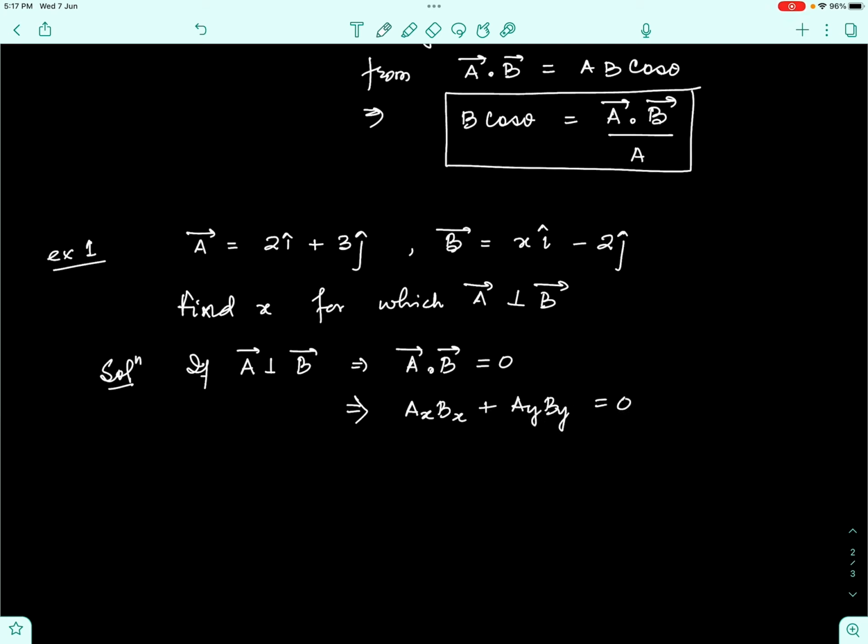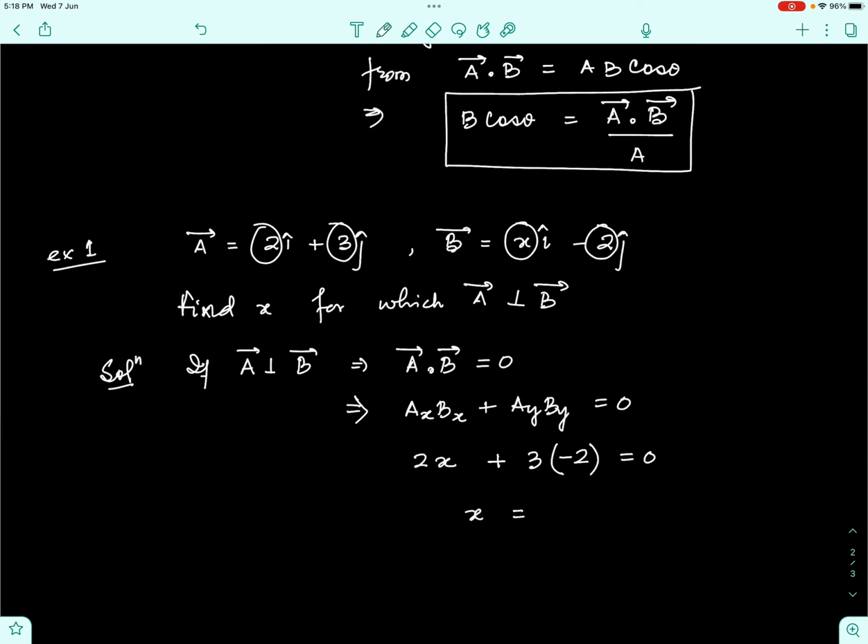That should be equal to 0. So when we substitute the values, AX here is 2 and AY is 3, BX is X and BY is minus 2. So we will substitute the values, 2 into X plus 3 into minus 2, this should be 0, and we can solve this easily to get the value of X as 3.